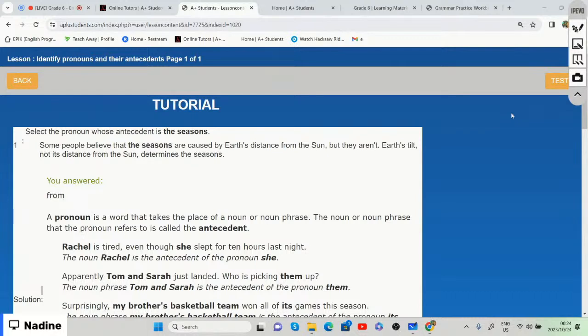Those are just a few examples of pronouns. And that noun, or the proper noun, or the noun phrase, we call that the antecedent. And our pronoun refers to it.